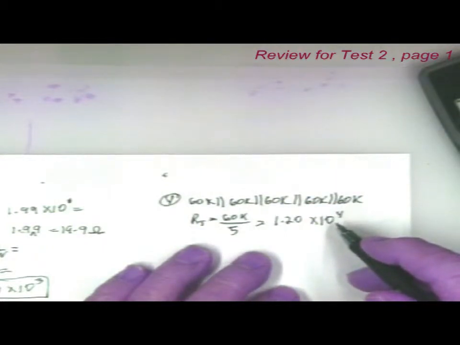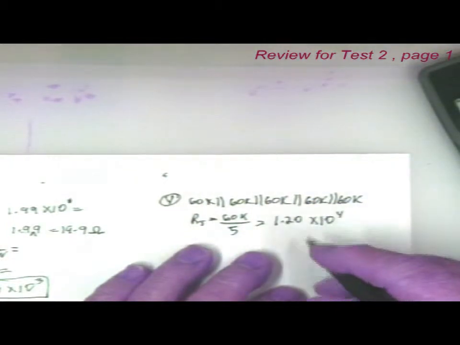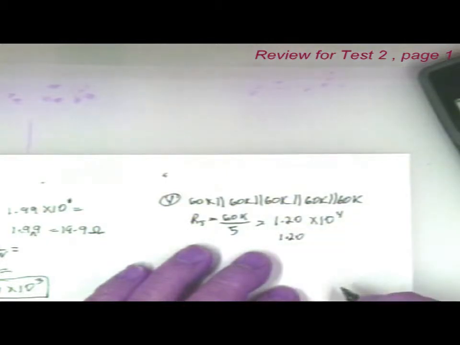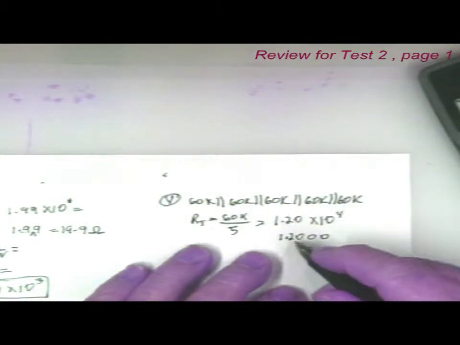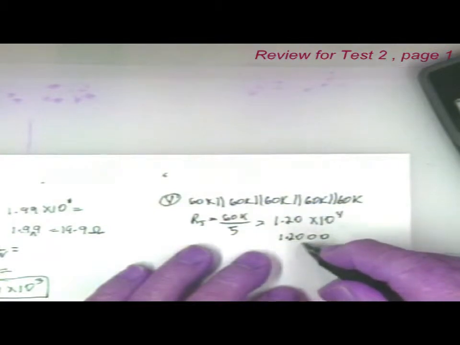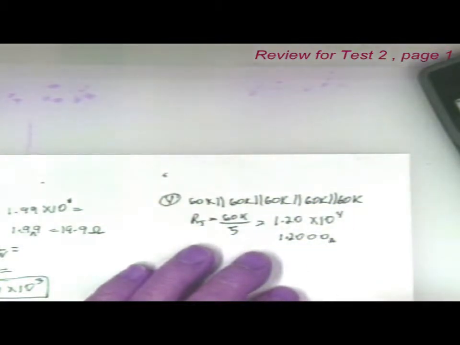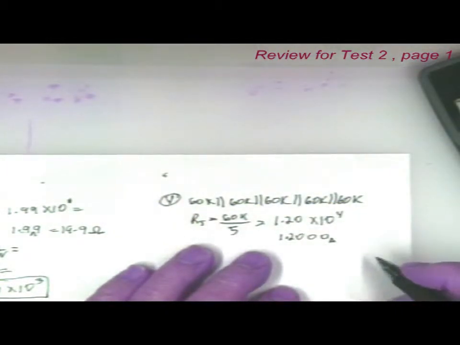What we normally want is either just ohms or k ohms or meg ohms. So here's what we're doing. We have 1.20 times 10 to the 4th. So I'm going to have to move that decimal point 4 places, aren't I? 1, 2, 3, 4. So that turns out that's a 12,000 ohm resistor. But remember what we discussed before?